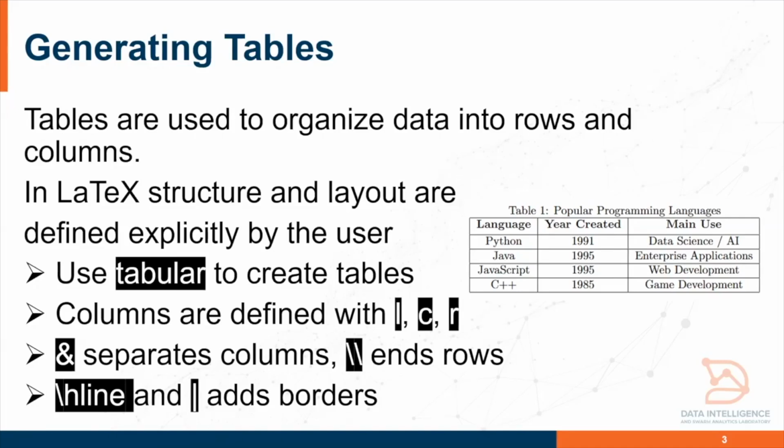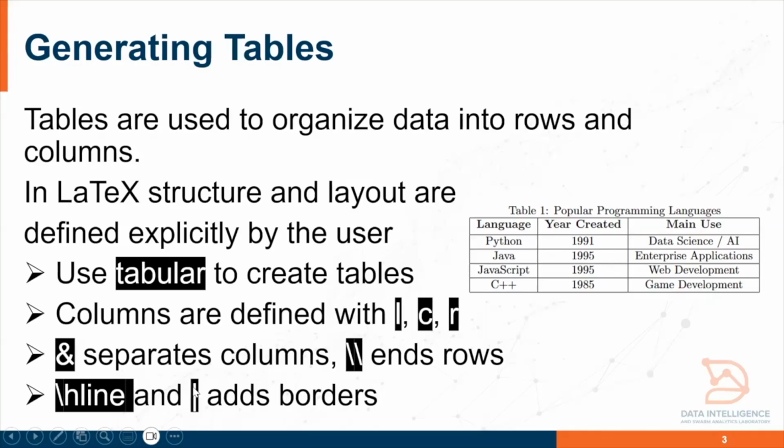And because usually in our tables, we either want to have them separated by lines where people refer to them as margins, or we don't want that. So if we want that, we have to use the hline, where h here represents horizontal. Horizontal lines.